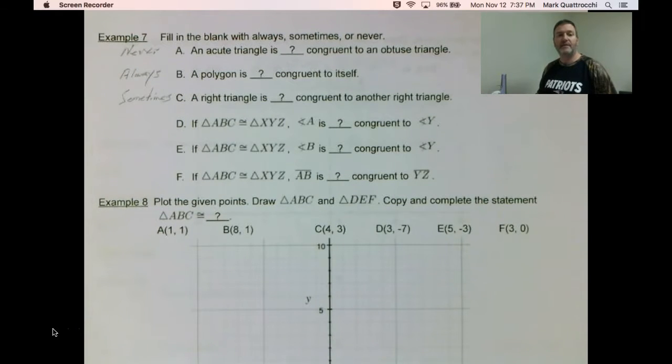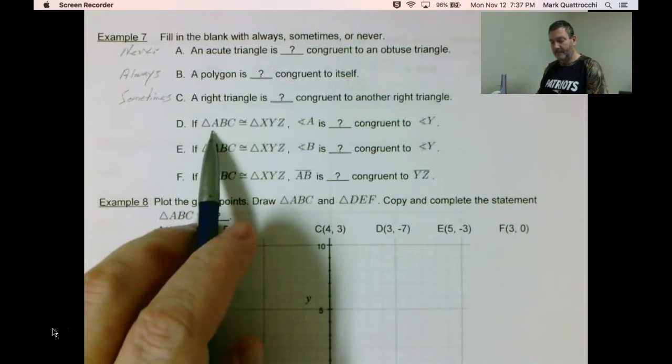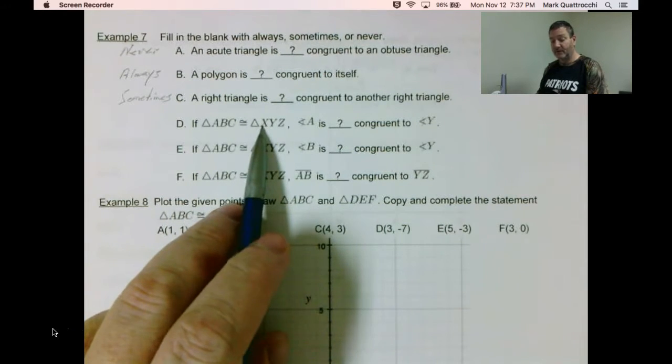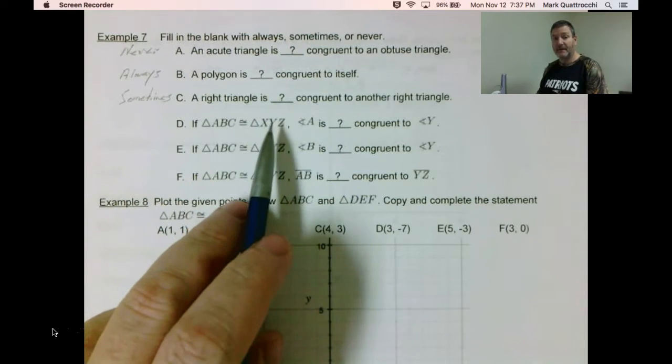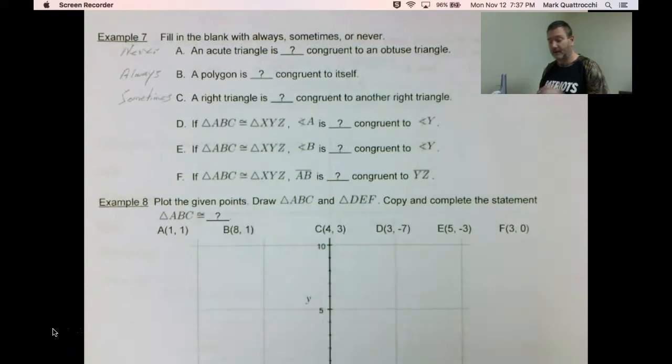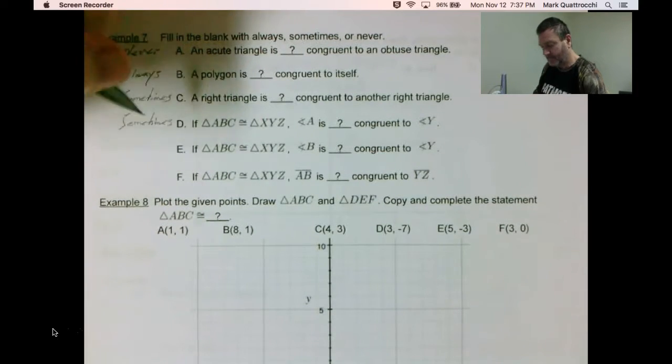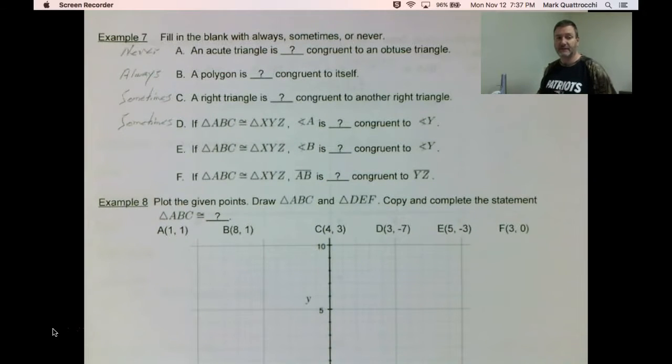If triangle ABC is congruent to triangle XYZ, then angle A is always, sometimes, or never congruent to angle Y. Well, it's always congruent to angle X. It is sometimes congruent to angle Y, if the triangle is an isosceles triangle.